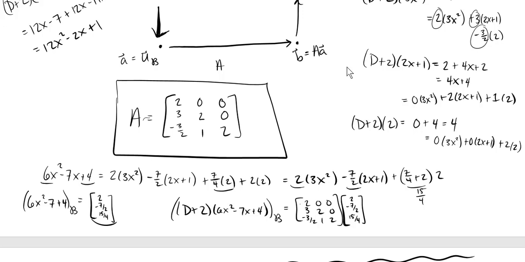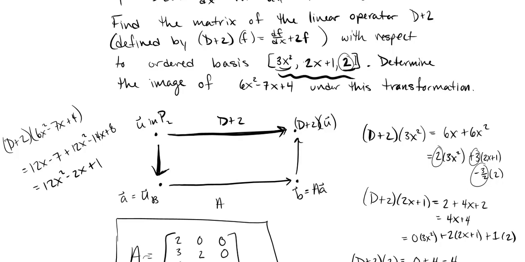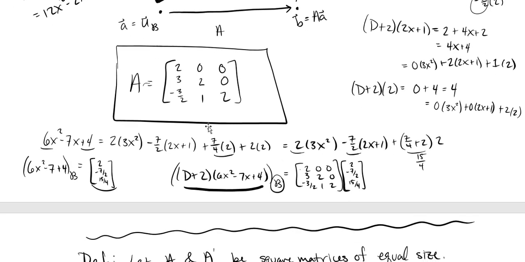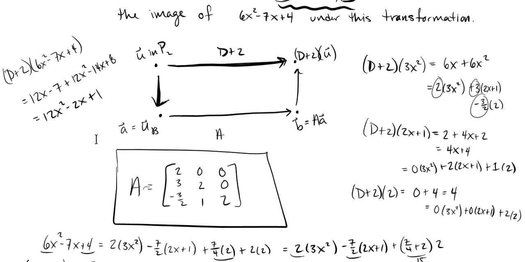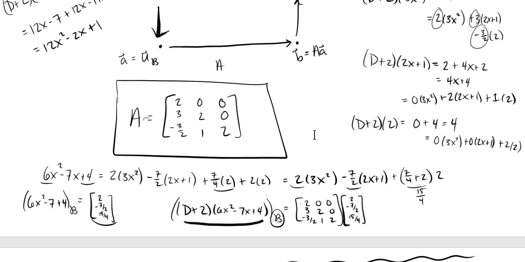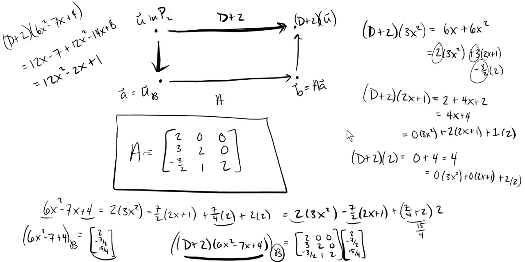Notice what you get out is a column vector giving you the coordinates of this image, but again, relative to this very strange basis. So some amount of 3x squared, some amount of 2x plus 1, and some amount of 2 that all add up to be presumably the image we found more simply. That's the interpretation of what this does.